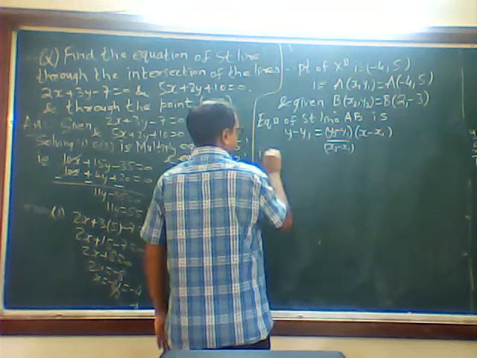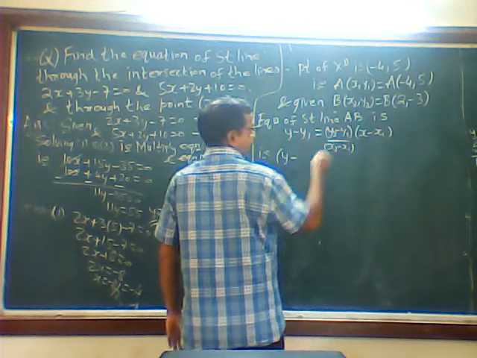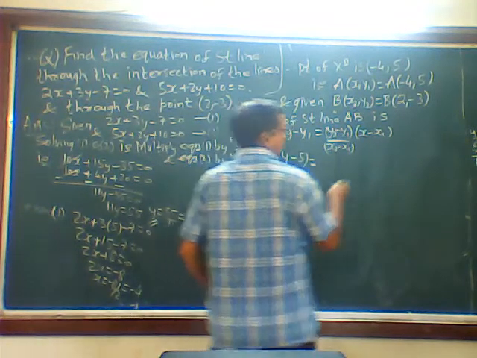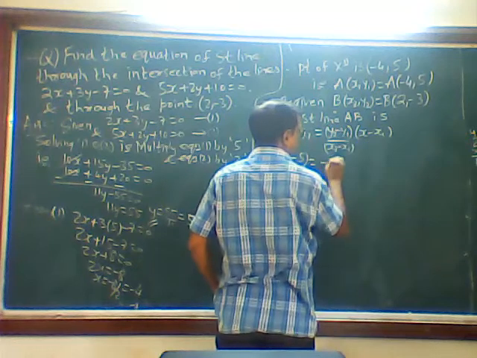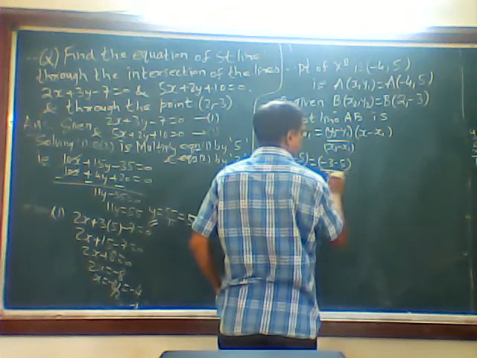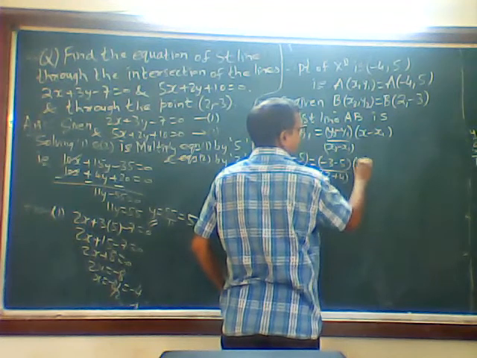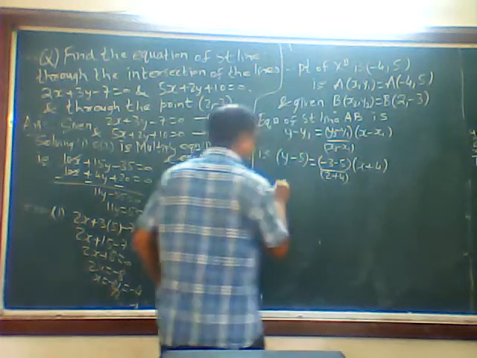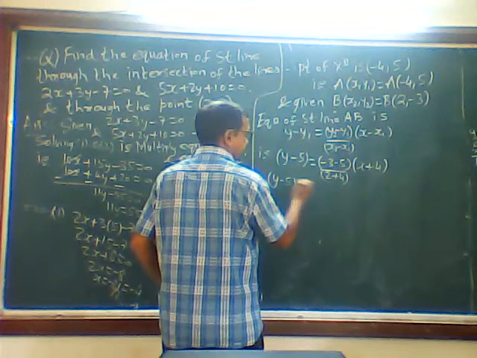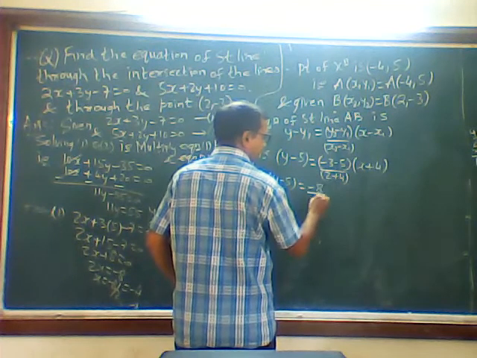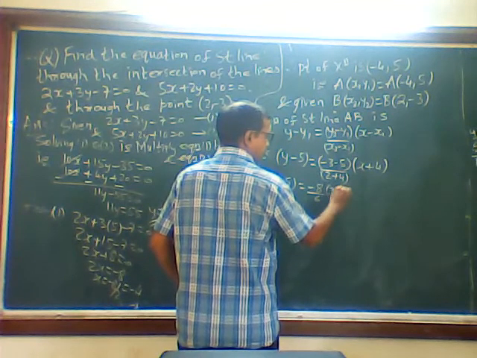That is y minus y1, y1 is 5, is equal to y2 minus y1, which is minus 3 minus 5, divided by 2 minus x1, which is minus minus plus, 2 plus 4, into x minus x1, which is x plus 4. So y minus 5, and minus 3 minus 5 is minus 8, over 2 plus 4, which is 6, times x plus 4.